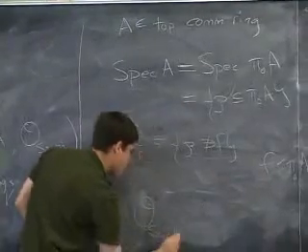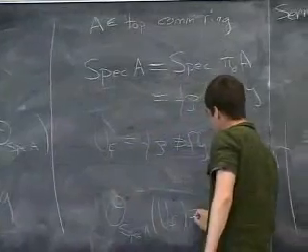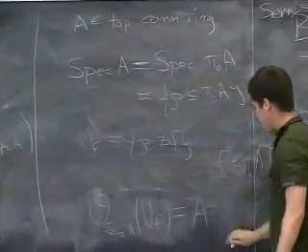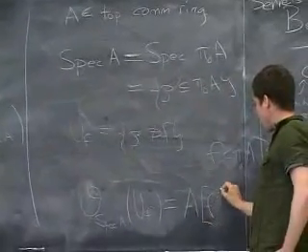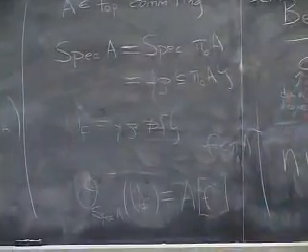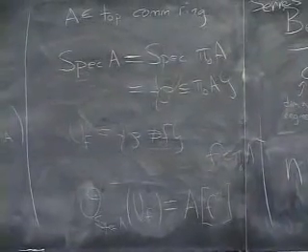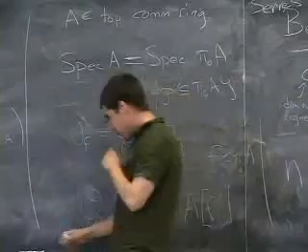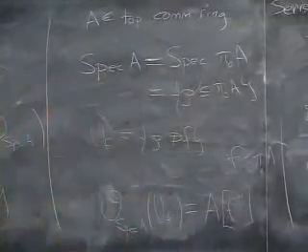If you consider O_{Spec A} on one of these open sets U_f, well, if this was ordinary algebraic geometry, I would just take the ring A and invert the element f. And now let me simply remark that this is a construction which makes perfectly good sense in the world of topological commutative rings. There's a good construction for inverting an element.